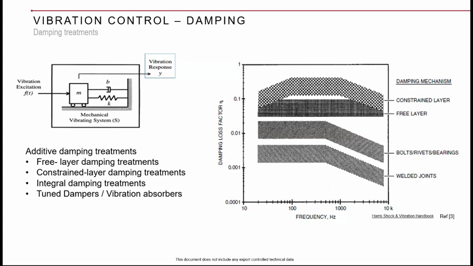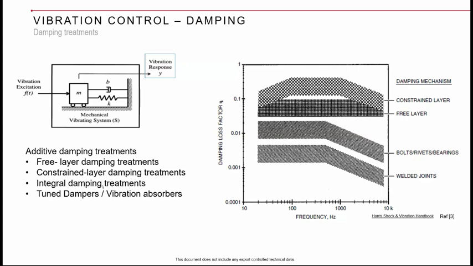This is taken from Harris' Shock and Vibration Handbook. I have references in the end. So when you take up additive damping treatments, there are various methods. A few of the popular ones are viscoelastic material treatments. So free layer damping and constrained layer damping are viscoelastic material based damping treatments.